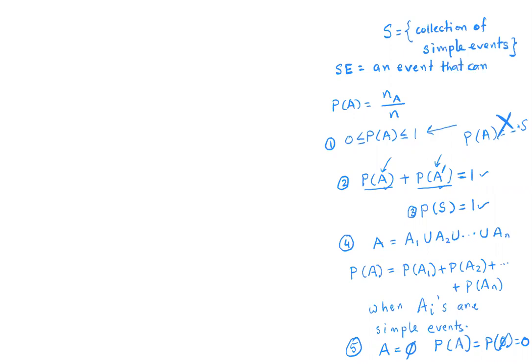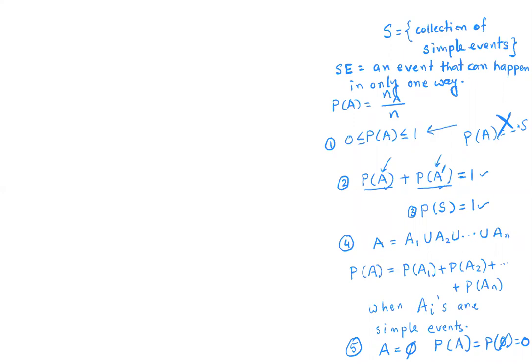A simple event is an event that can happen in only one way, or a unique way. There are not multiple ways of that event happening.